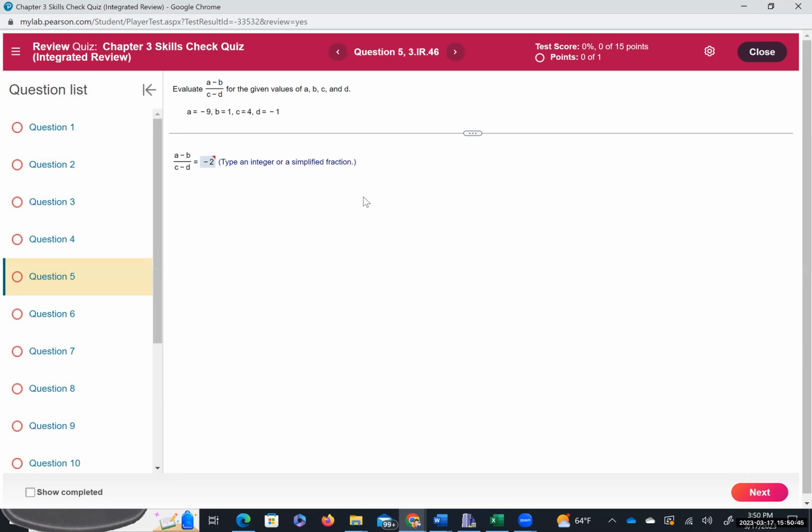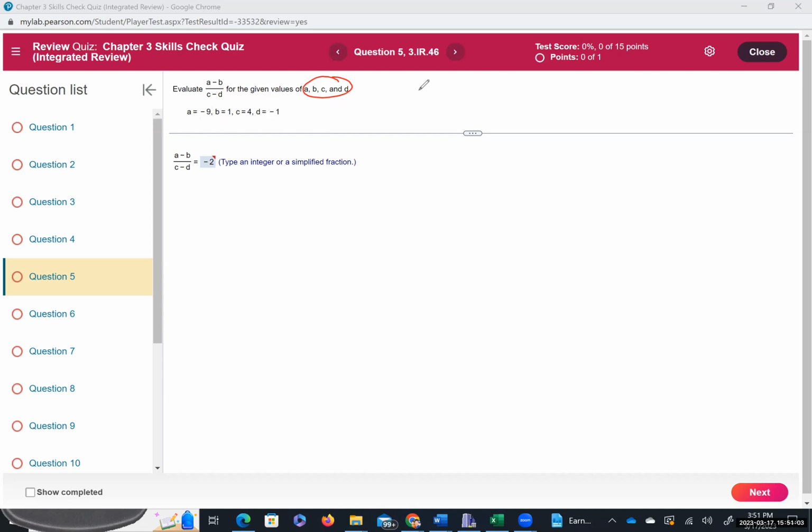Okay, so we're going to evaluate A minus B divided by C minus D. Right, and they're giving you A, B, C, D there. So let's say A equals -9.